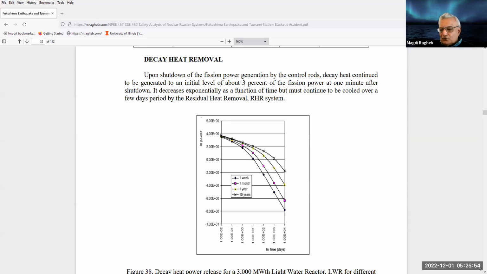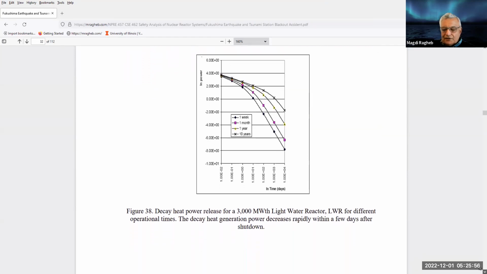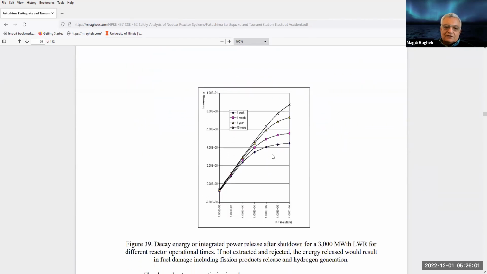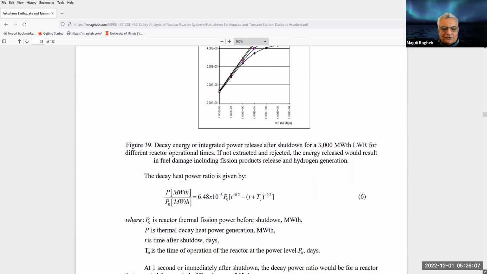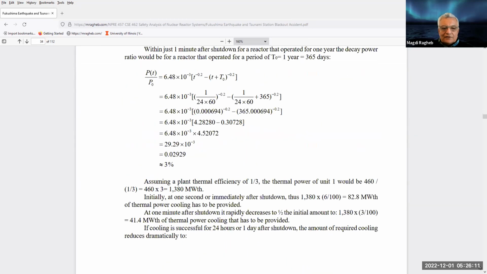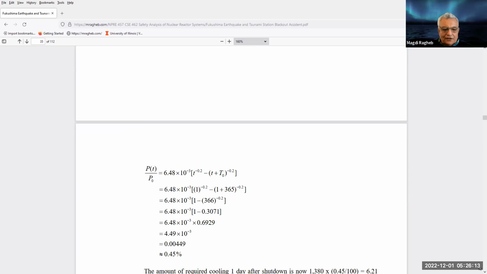If you are able to cool the plant, that decay heat simply disappears. But the energy that you build up, if you do not extract the heat, can be significant enough to cause great damage to the plant. I show here the equation that we described separately in the chapter on decay heat.